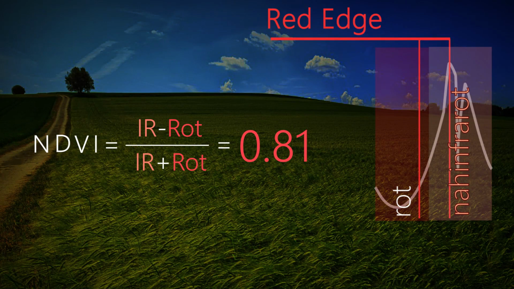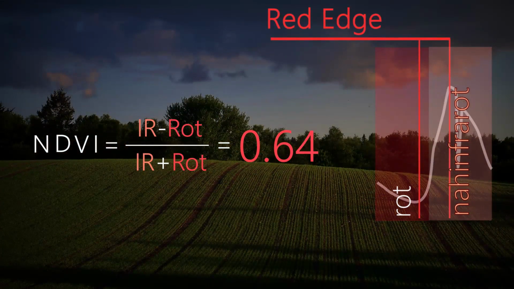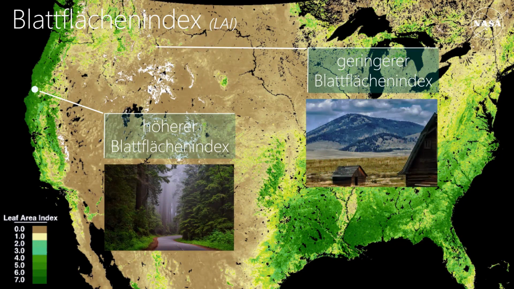Low or no photosynthetic activity is indicated by a value close to -1. And the NDVI is just one way to make precise statements about the plant world from satellite images and the infrared spectrum. For example, another index, the leaf area index, LAI, provides information on how dense the vegetation cover is.